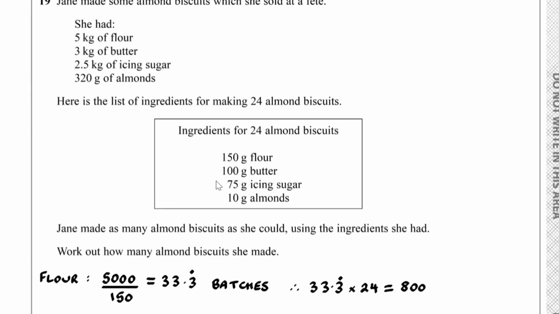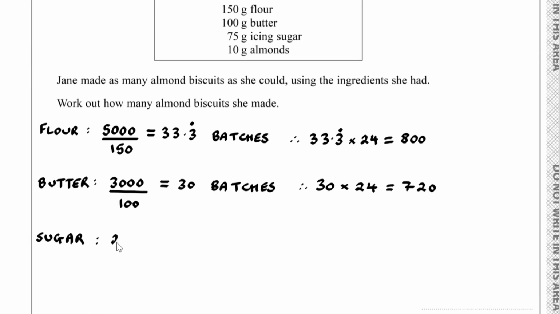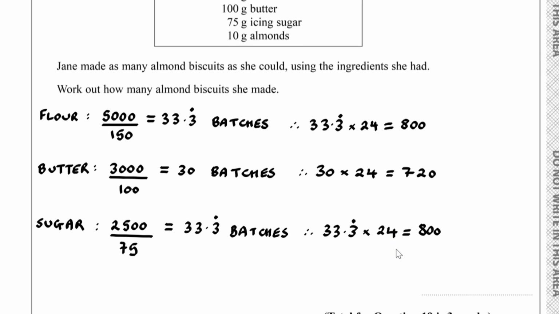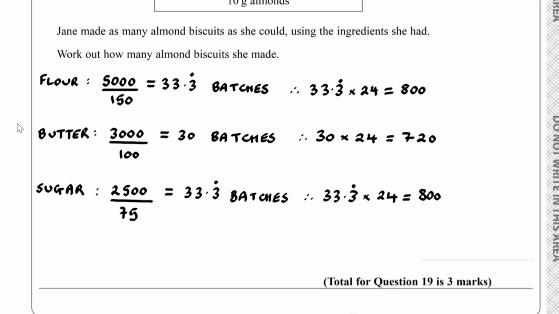Now with sugar, we've got 2.5 kilograms or 2,500 grams, and if I divide this by 75, then what I will end up with is 33.3 etc. So I can make 33.3 etc. batches of 24 biscuits, and then if I do 33.3 recurring multiplied by 24, I get 800. So still I'm restricted by the amount of butter. I can only still make 720.